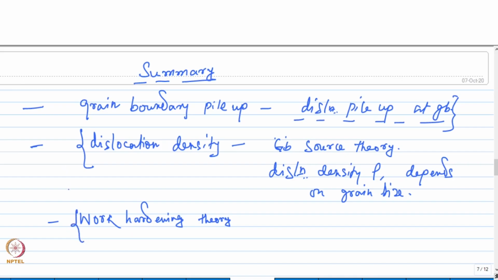So both of these are based upon this fundamental equation which relates the strength to the dislocation density. Right?